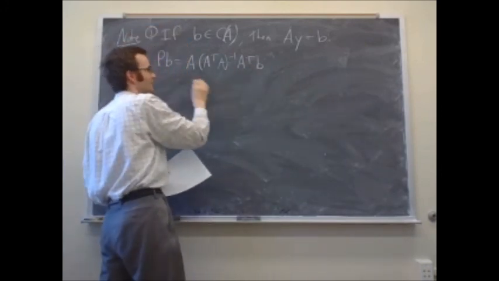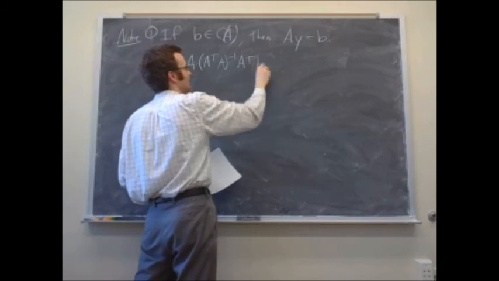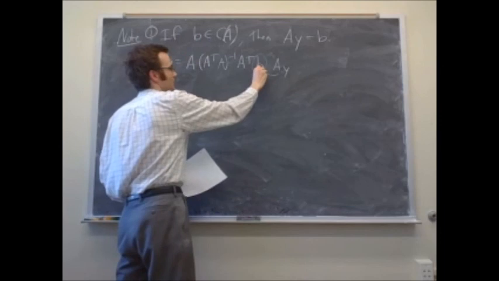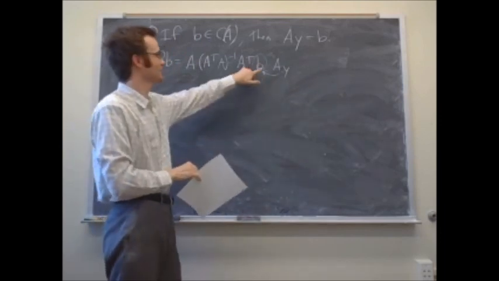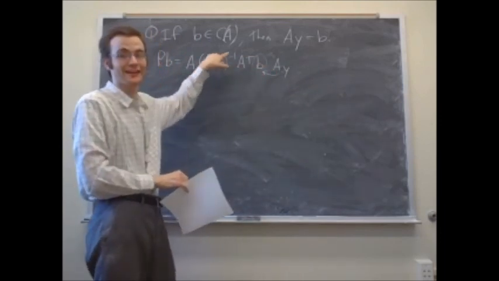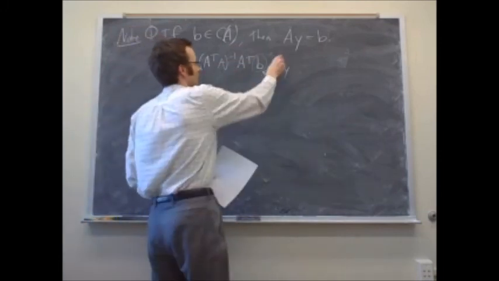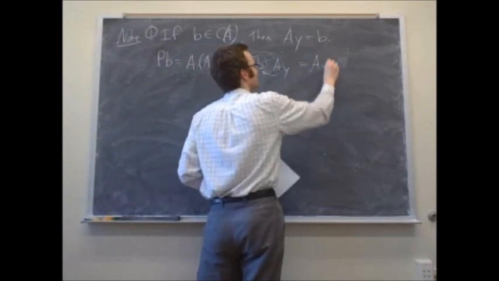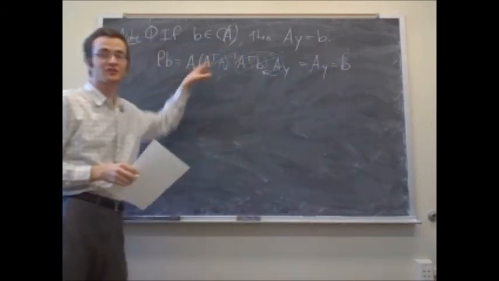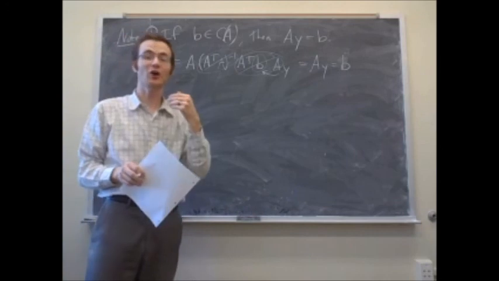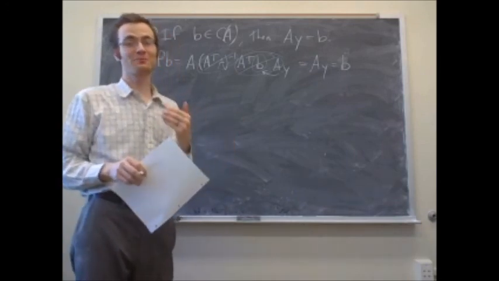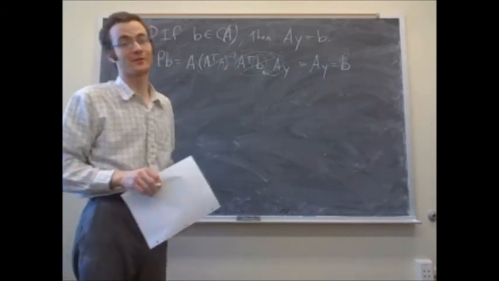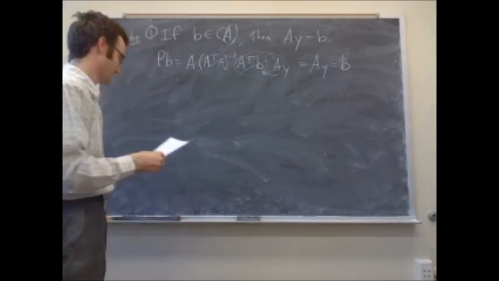But B is Ay. We can just replace it here. Then we have an A transpose A and an A transpose A inverse, so they cancel out. And so the projection of B is itself, which makes sense, right? If it's already in the column space, the closest point in the column space is itself. So this is just a confirmation that our formula makes sense for a projection.